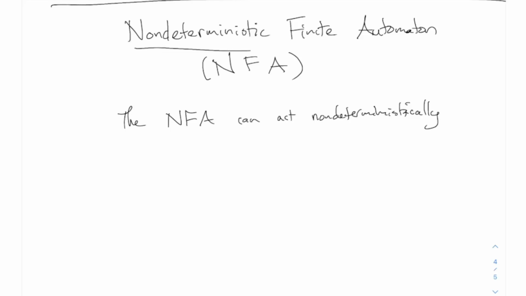An NFA has several possible pathways that the string could travel through. So that's what we mean by non-deterministically. The same string can result in several different ending states where it ends up.